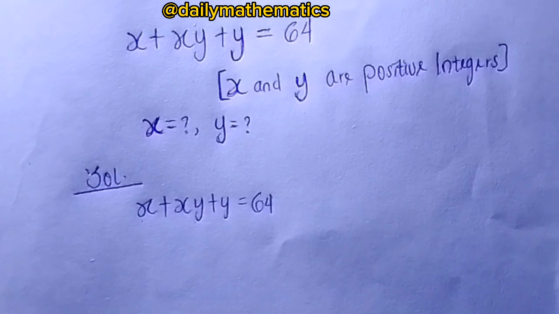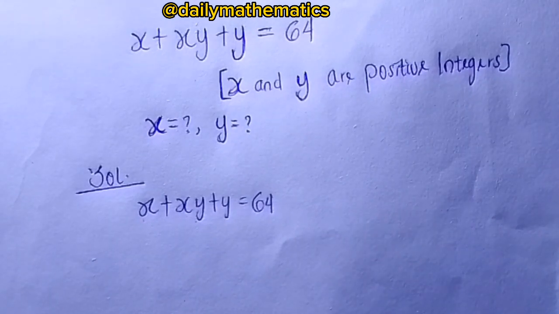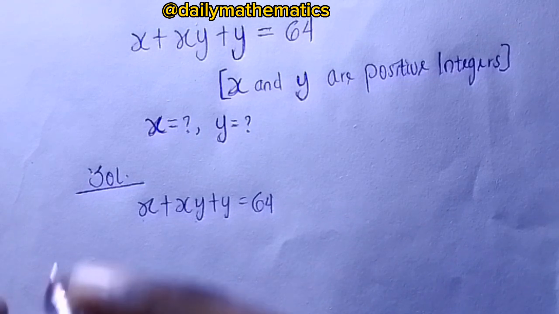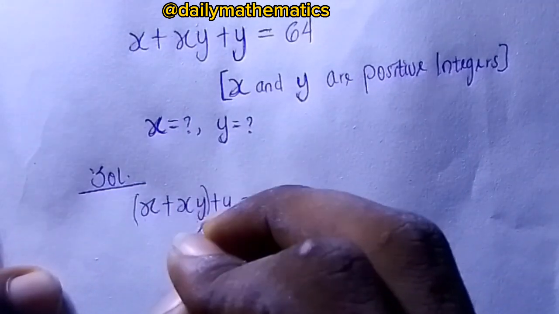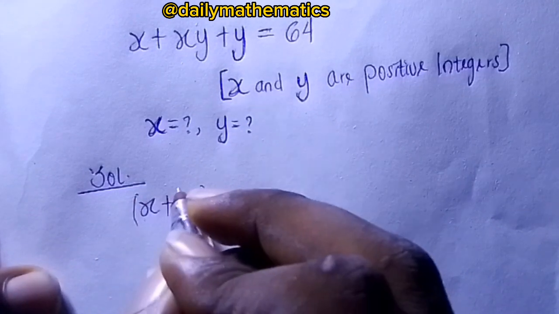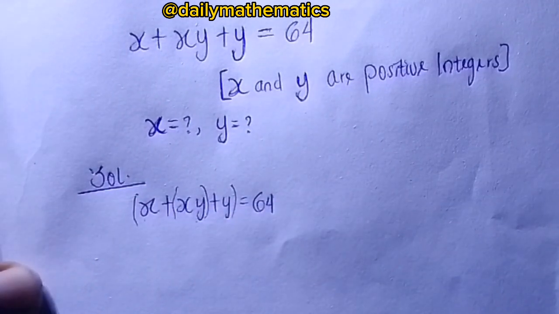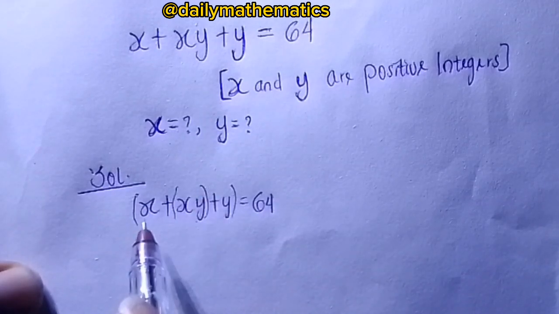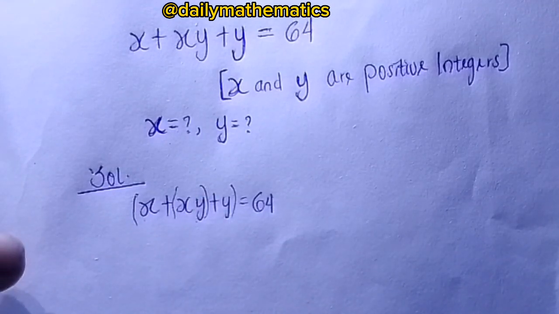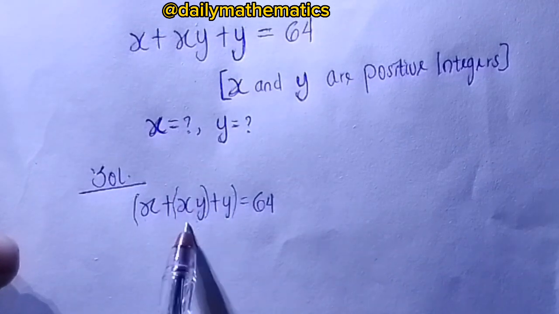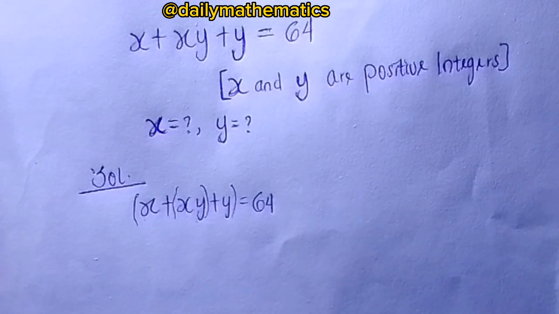First and foremost, you just want to bracket this place first, or bracket this place. When you bracket this place, x is common, so you factorize x out. When you bracket this place, y is common, so you factorize y out.